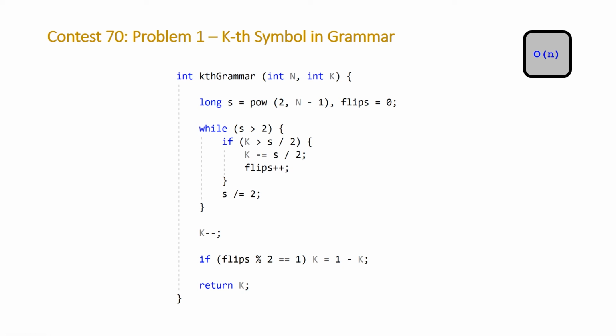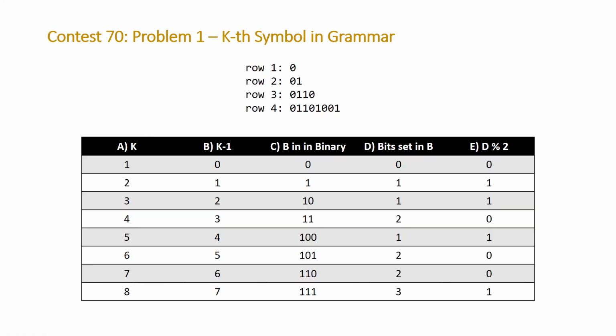So for the second way to solve this problem, we need to notice a pattern, and that's if we take k and then look at k minus 1 and then convert this to binary and then count the number of ones that are in the binary number. So basically count the number of bits that are set.